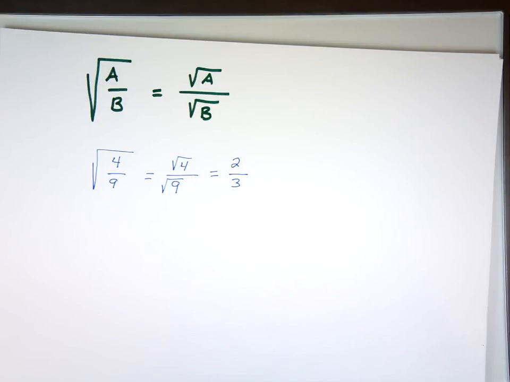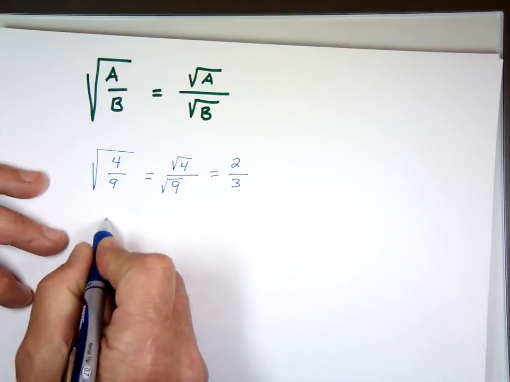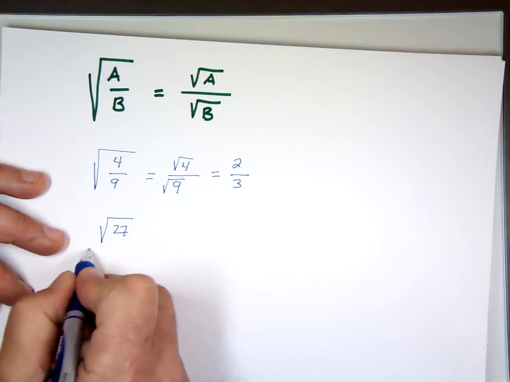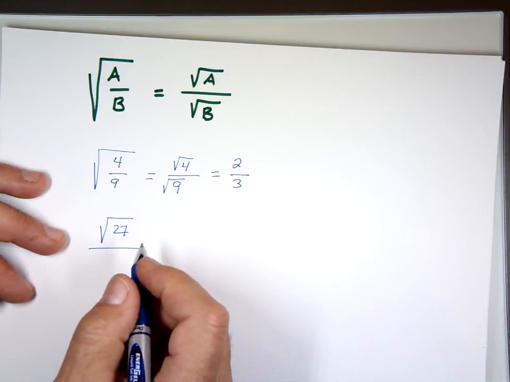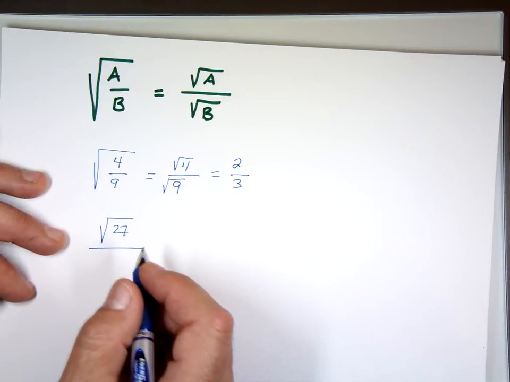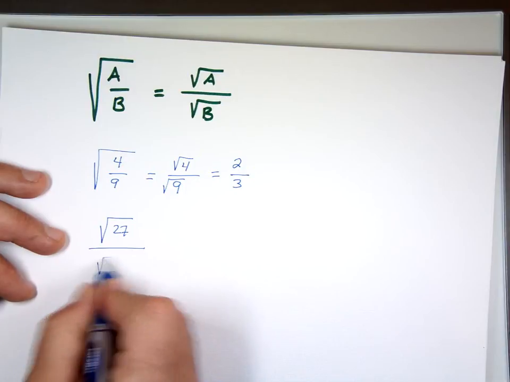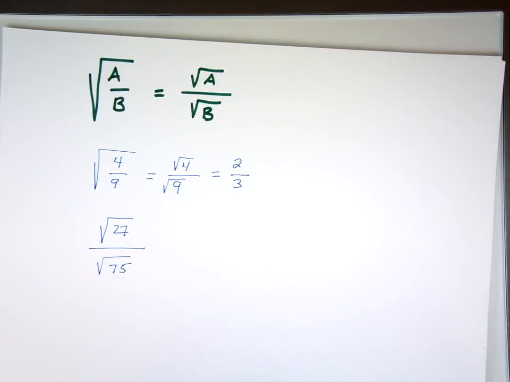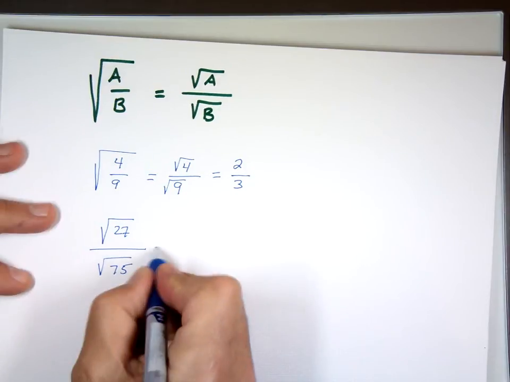Or if somebody comes to us and says, what is the square root of 27 divided by the square root of 75? Work it backward. I have two options here. I can simplify the 27. 27 is what? 9 times 3, right?